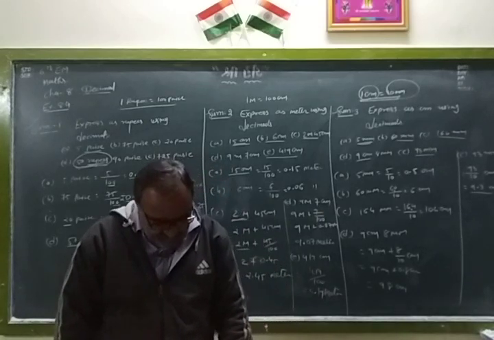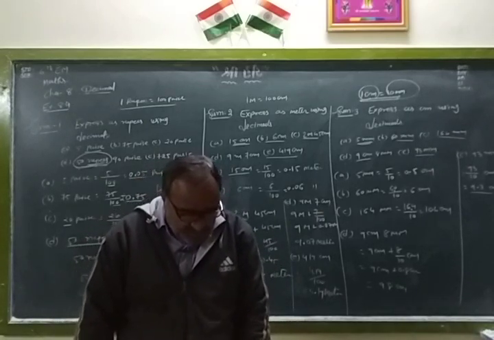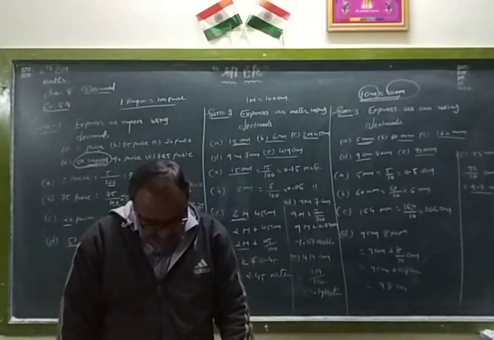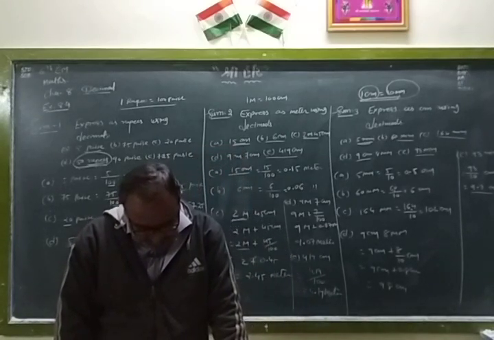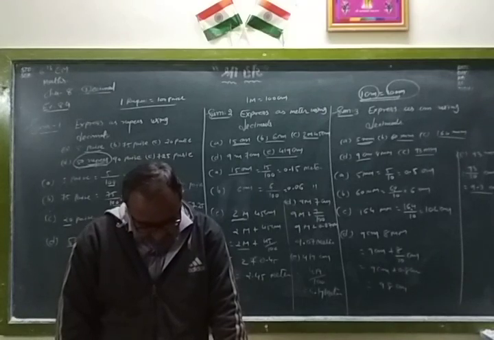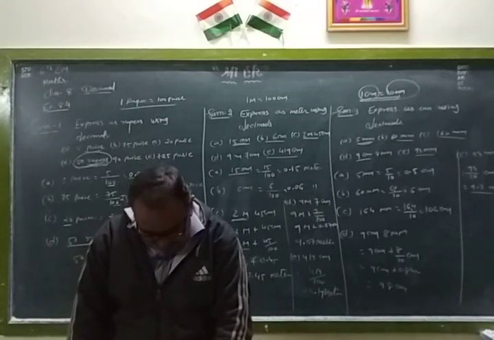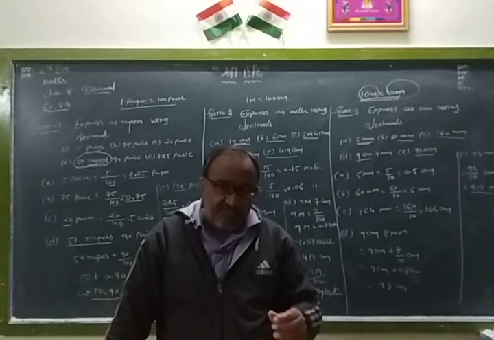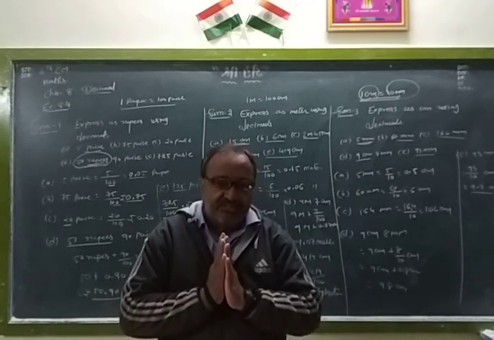So friends, this is the decimal fraction, Exercise 8.4, sum numbers 1, 2 and 3 are completed. In the next period we will study sum numbers 4 and 5. Thanks a lot. Jai Swaminarayan.